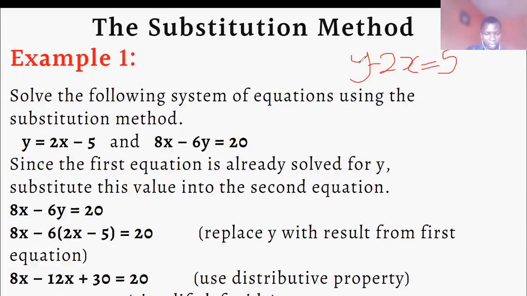Apology for that. Let me clear it so that I can write very well. Let's call this equation 1. This is our first linear equation. Our second linear equation states that x minus 6y is equal to 20.